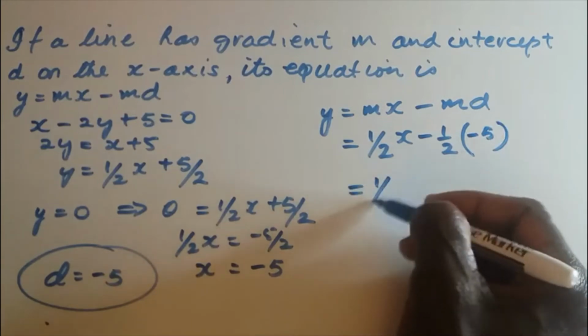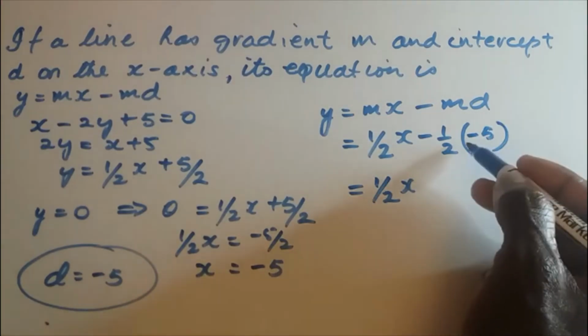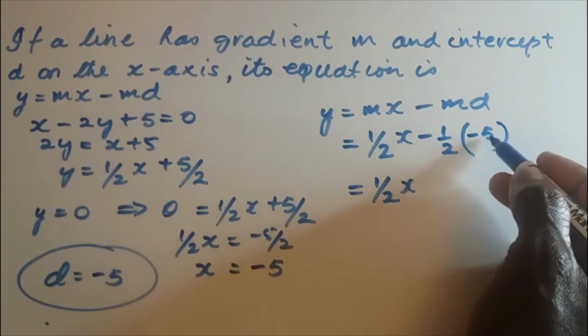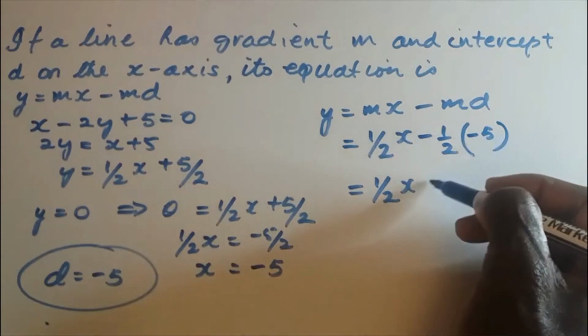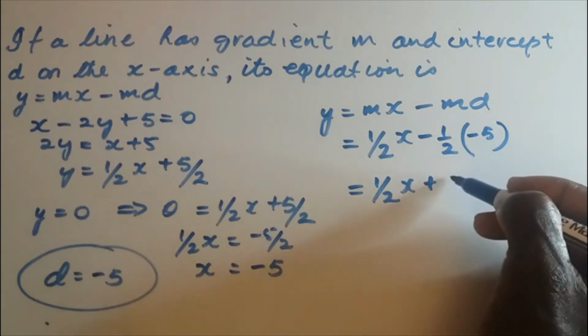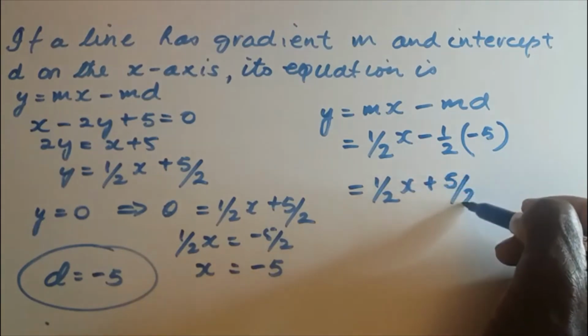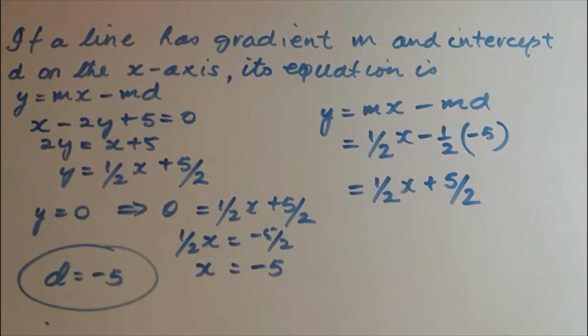This gives us a half x, and a half minus a half times minus 5 gives us plus 5 over 2. So this statement is true.